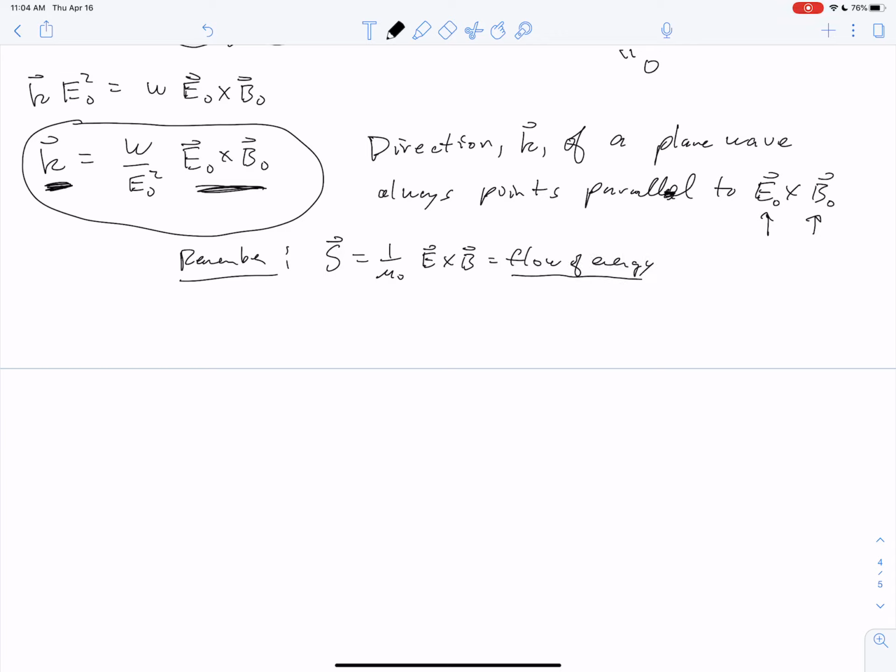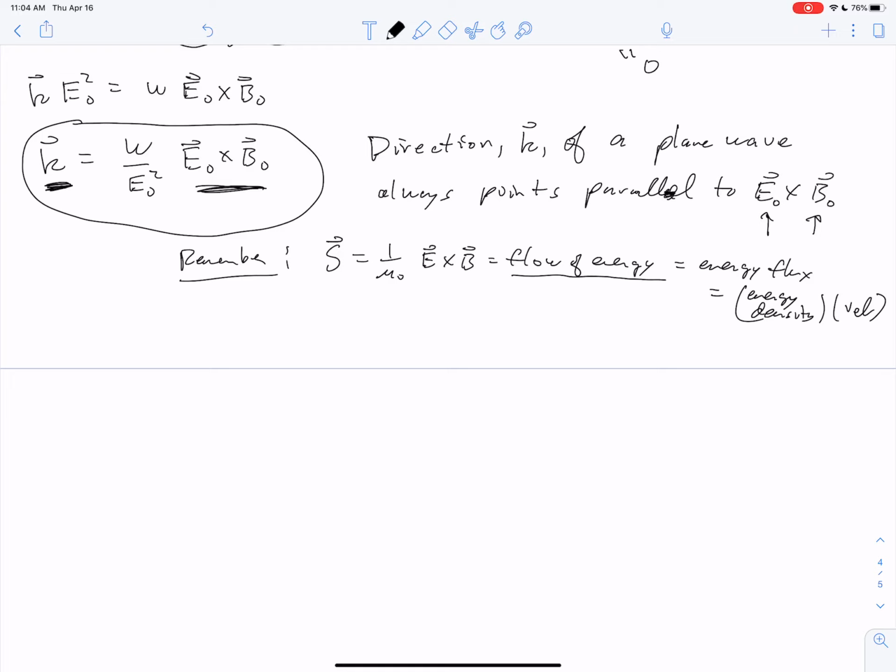And so everything kind of hangs together, because the energy flux equals energy density times velocity, because that's what a flux is. It's a density times a velocity.